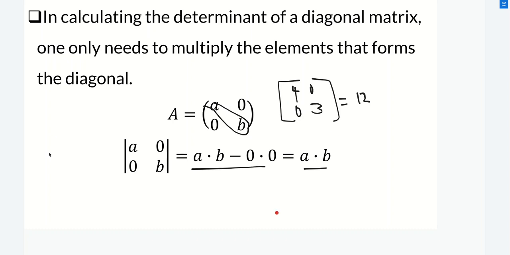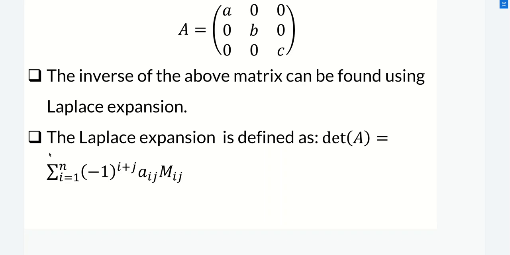Yes. So this, you will struggle. If you want to write a script for it, you are gone. Now, what about a 3 by 3? Remember for the 3 by 3, we use the Laplace expansion to do that. Last time we did that. Let me clean this, then we write it down.